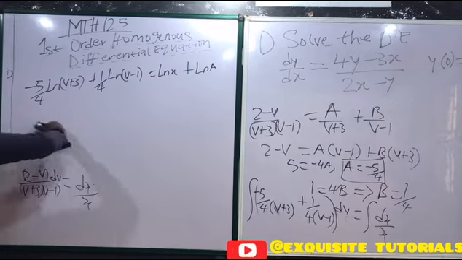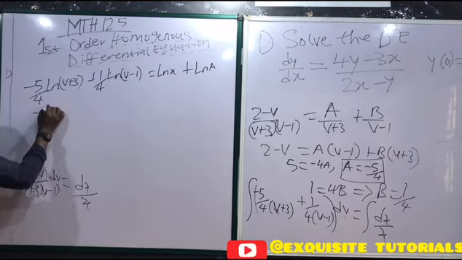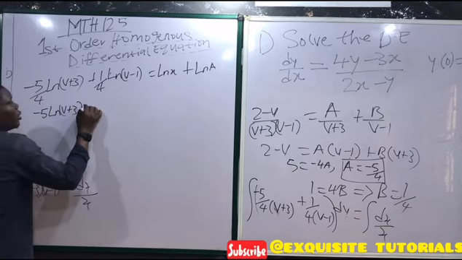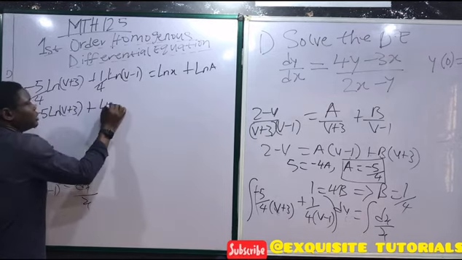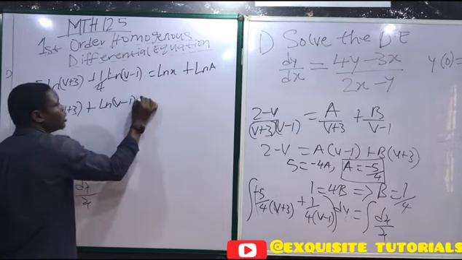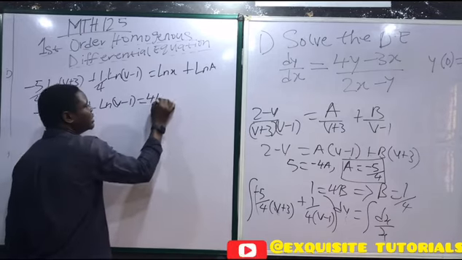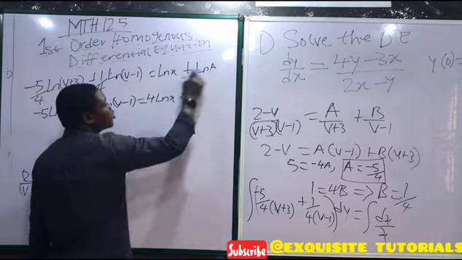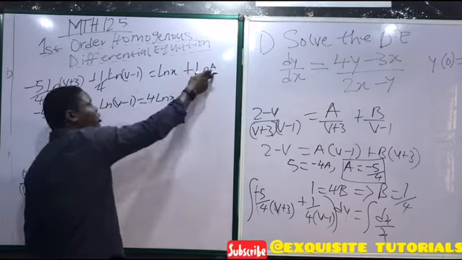Now if I multiply through by 4, I will have minus 5 ln v plus 3 plus ln v minus 1 equals 4 ln x plus, let me just change this to, if I multiply this by 4 again, I'll still have another constant.